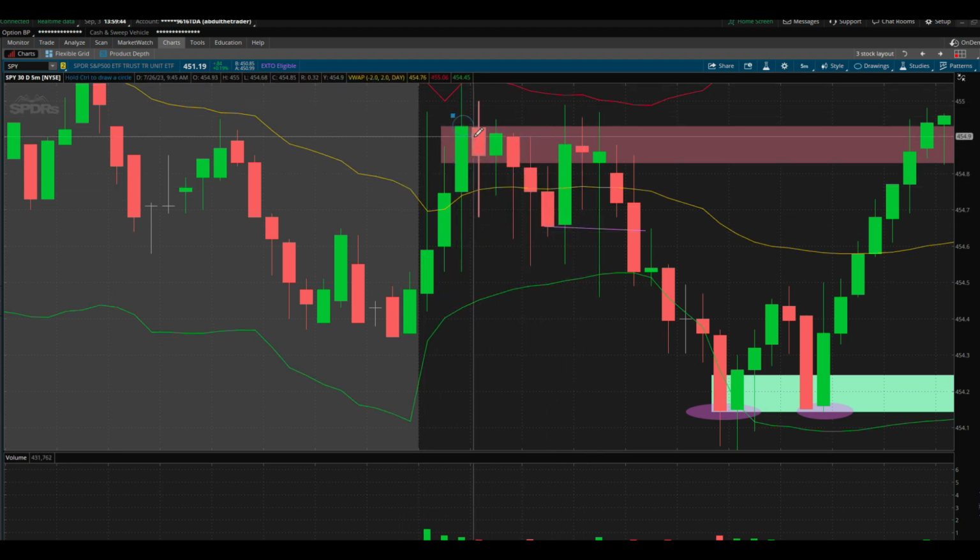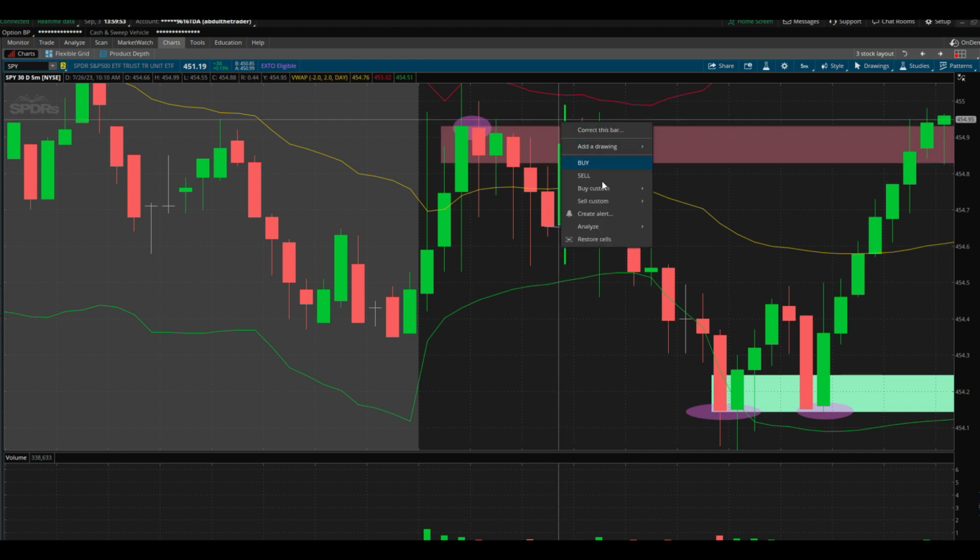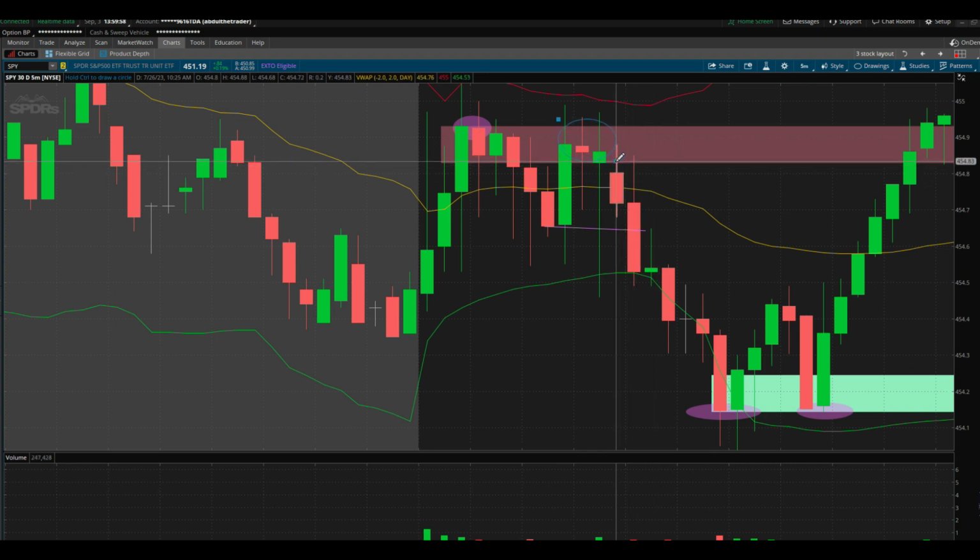Here as well are the agreements in price to create the zone, and this was the zone being tested again, where you could potentially have entered for a put. Use the back of the zone, the closing, not the wick, but the candle body closing outside of the zone for your stop. The stock comes out this morning, trades up, creates a supply zone.